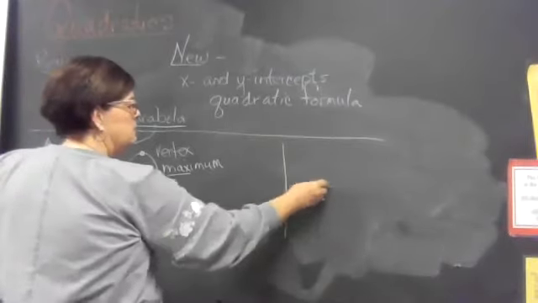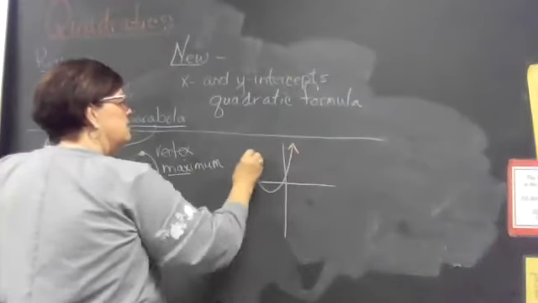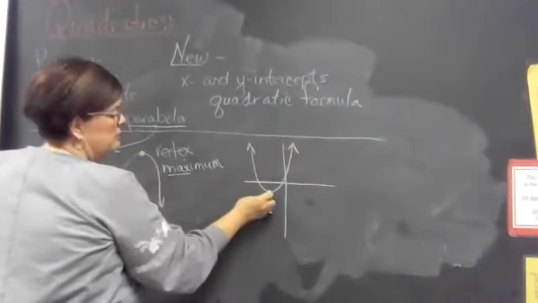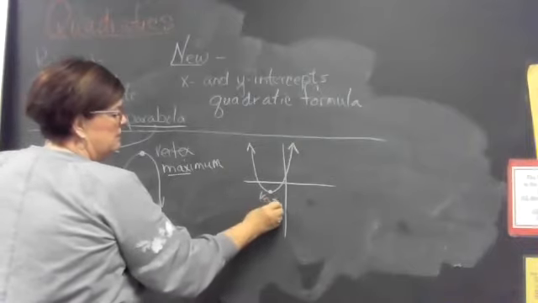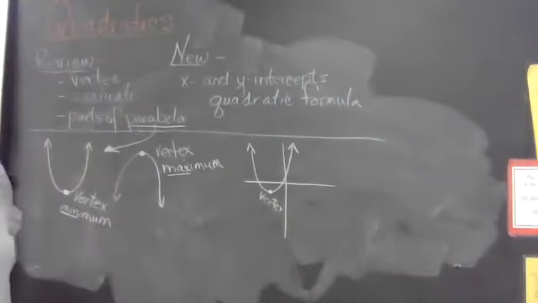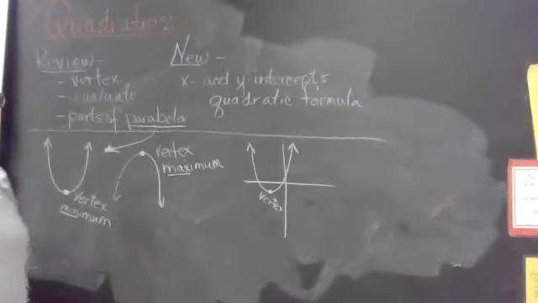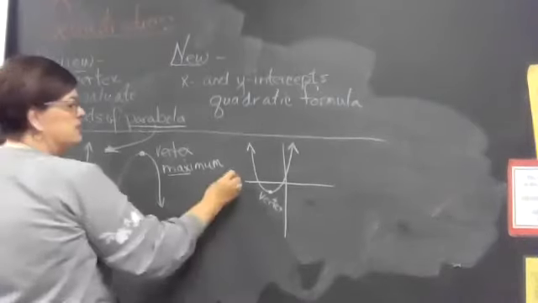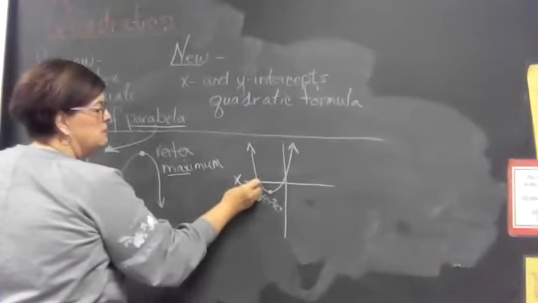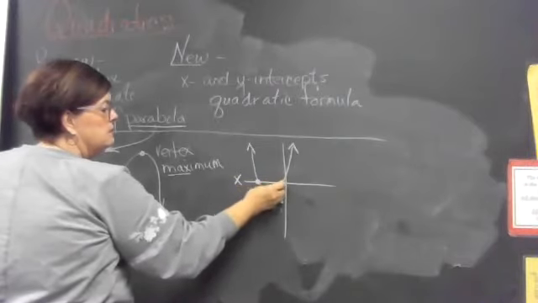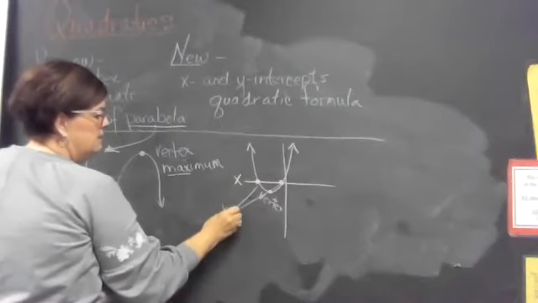Now the other parts are what we're going to deal with today. If we have a parabola that looks something like this, then of course, here's the vertex. Can y'all see that? Okay. Can you on the remote see it okay? Yes, ma'am. All right. Since this is the x-axis, then this point and this point are called the x-intercepts.